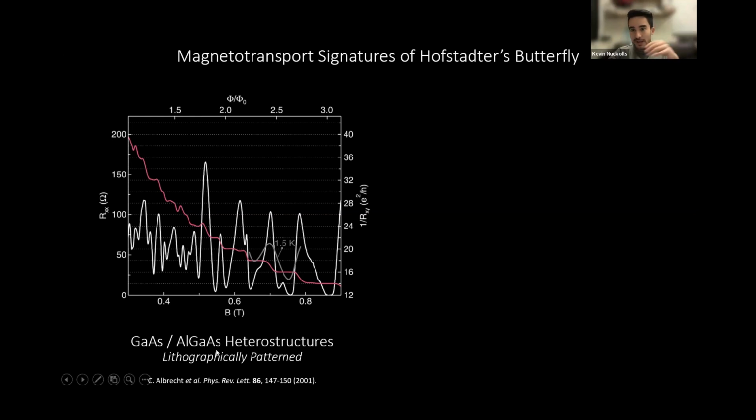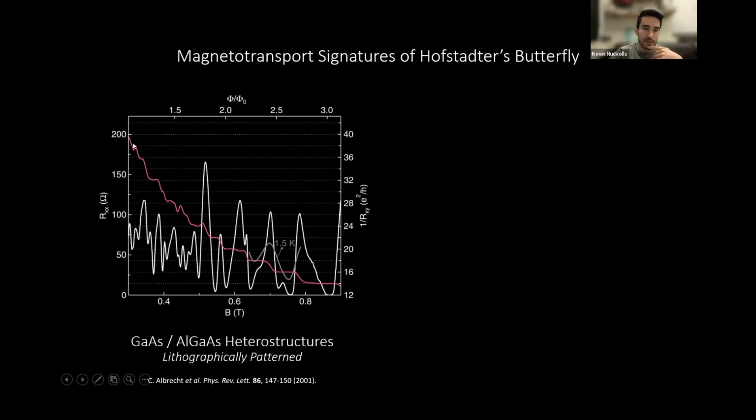And so performing transport experiments on this patterned 2DEG, they measure the longitudinal resistance, which is shown in white, which is changing erratically as a function of magnetic field. It shows more gaps than we should expect in a typical 2DEG. And then the smoking gun signature was that they measured the Hall resistance of their samples as a function of magnetic field. In a typical two-dimensional electron gas, we should expect this to be either plateaued or monotonically decreasing as a function of increasing magnetic field.